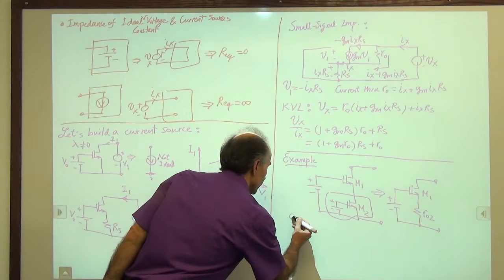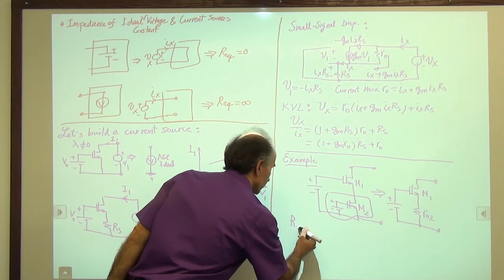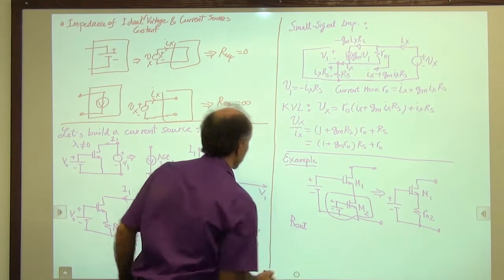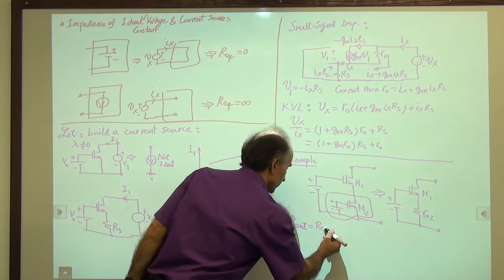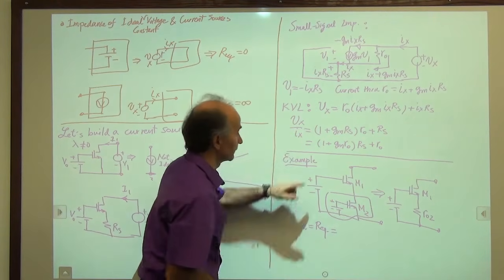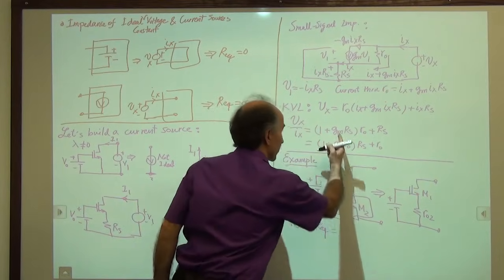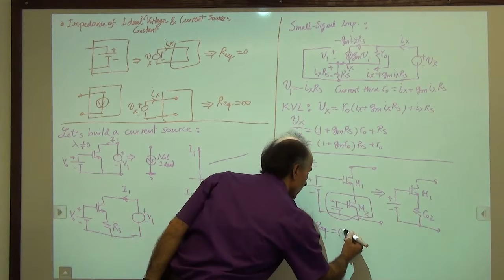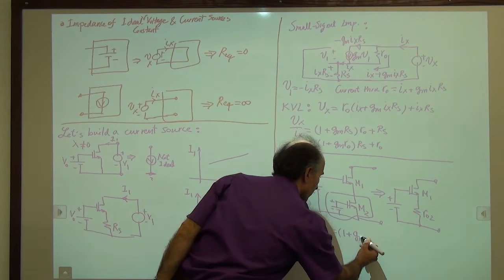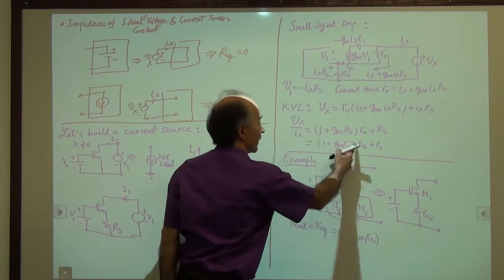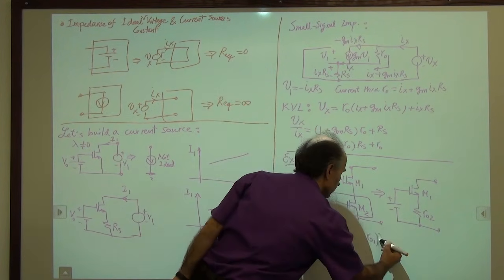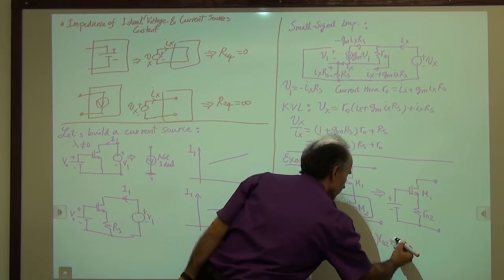So we say that R out, or R equivalent, I guess I called it R equivalent before, is equal to this expression, or that, whichever you like. So 1 plus gm1 RO1 times RS, where RS happens to be RO2, plus RO1.